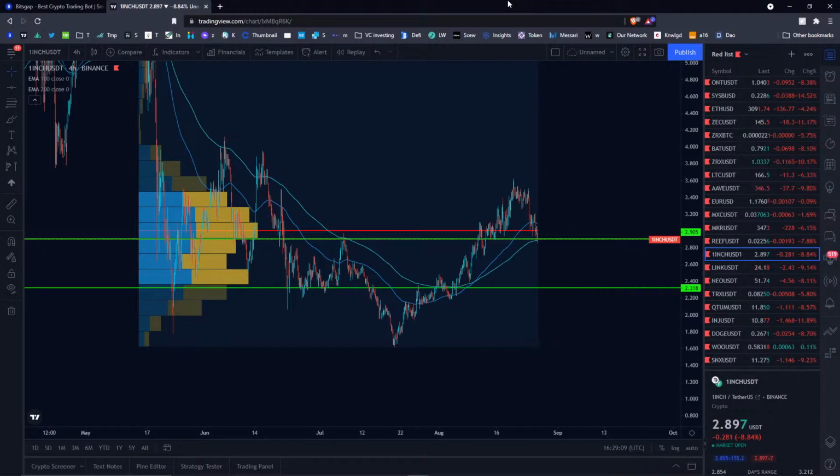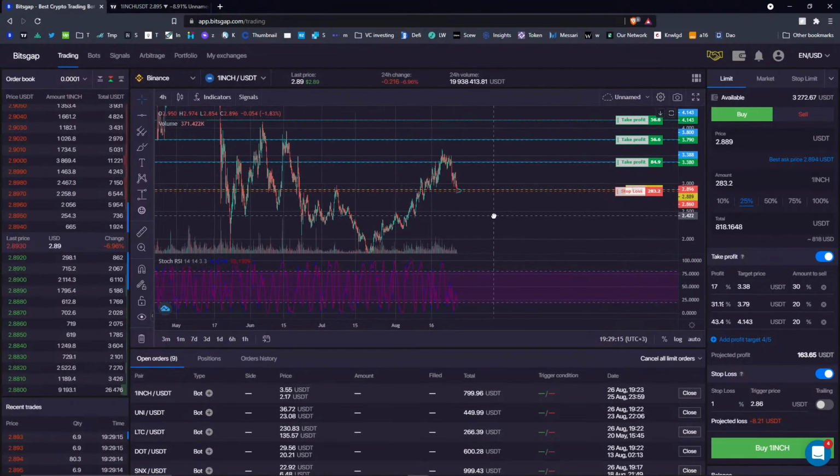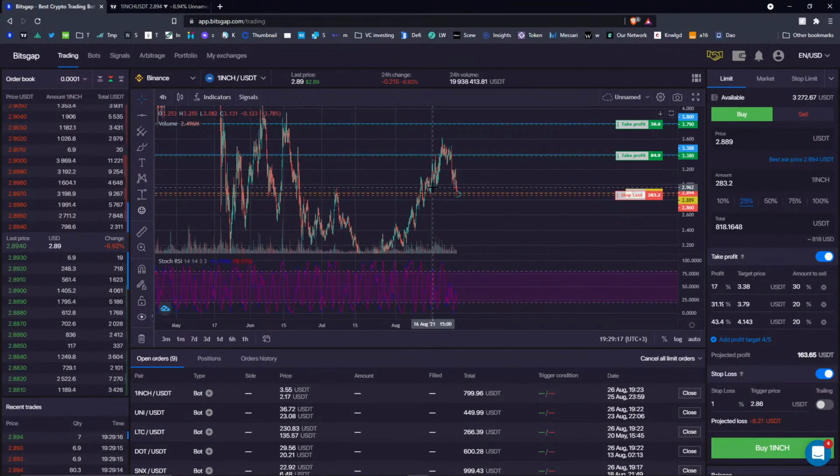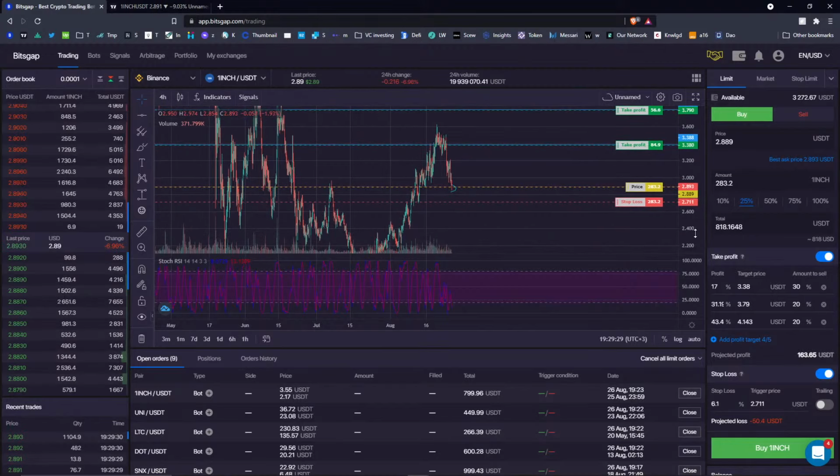Okay, so if you are a short-term trader and you don't want to hold on to this trade for a long time, then most likely you will set your stop loss around this area, which is below the current support line. That way you can see your potential loss estimate, which is $50.